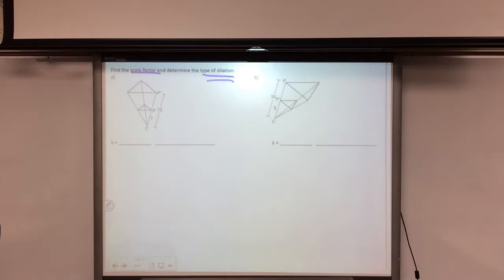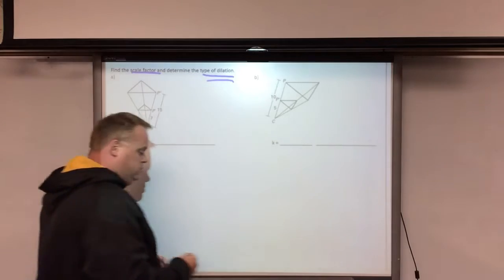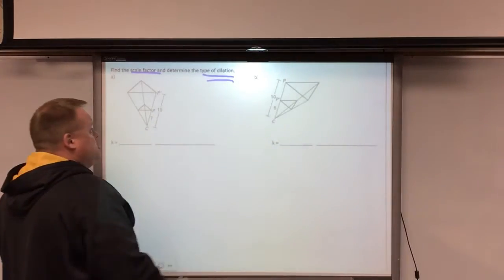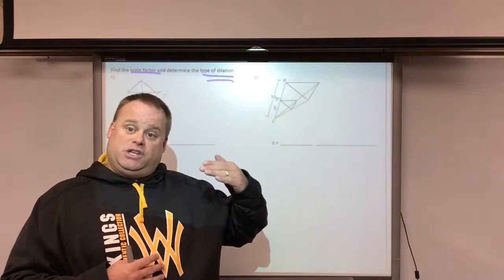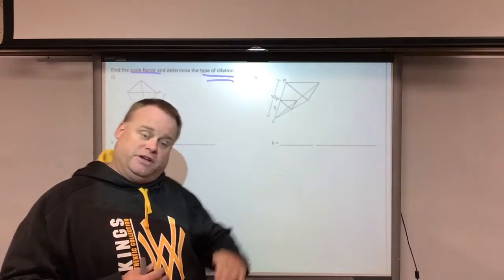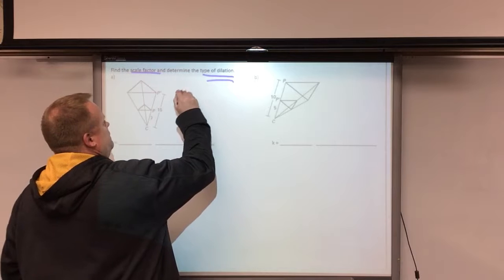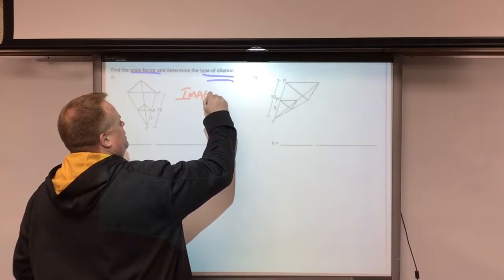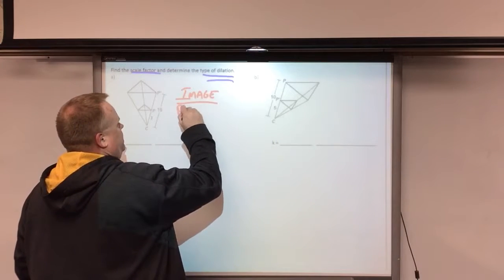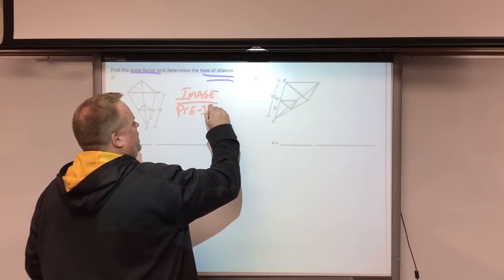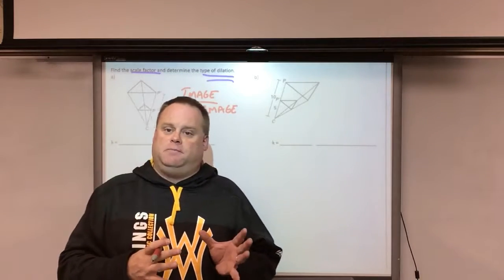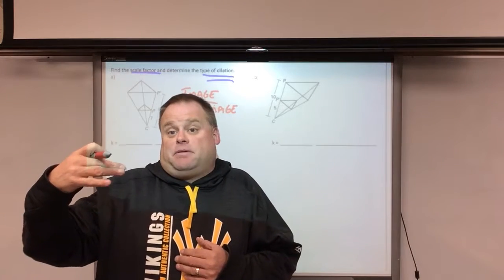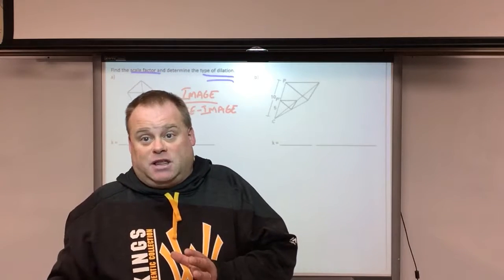One of the thoughts I need you to put into your head is, whenever I'm doing this, I want image over pre-image. The reason I want you to keep this in mind is it will help you keep more accurate track of which one goes on top and which goes on the bottom.